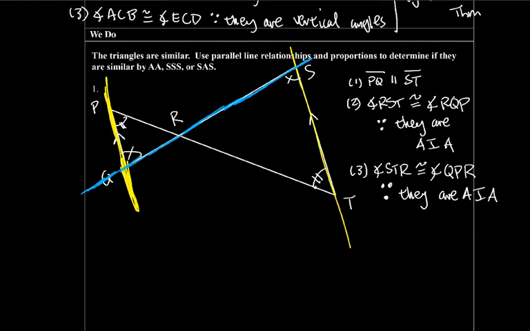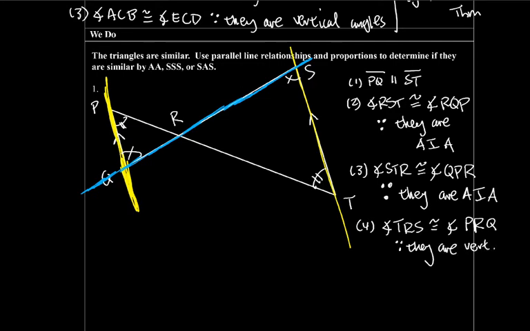So we already have two angles, but if you did want to again, you could get that fourth one. Angle TRS is congruent to angle PRQ because they are vertical angles.